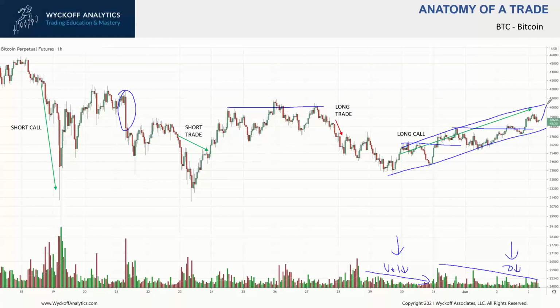I would just trade it on the result alone. If we could have more demand coming in and expansion of the result in this area, I would be more inclined to hold on to this call and this trade if you're in it.